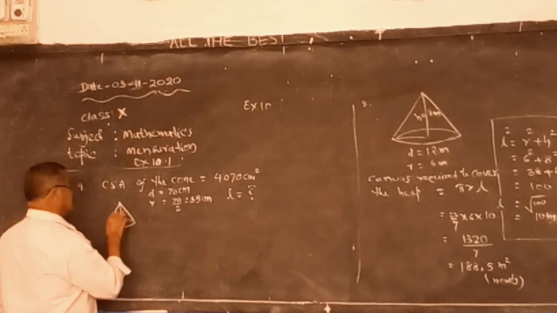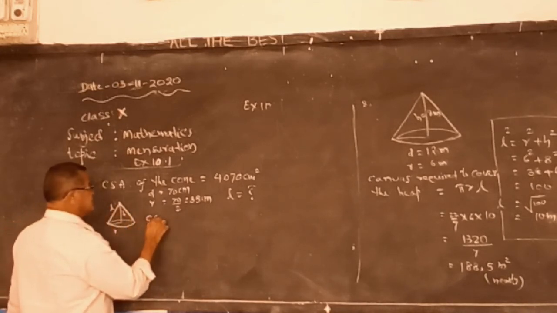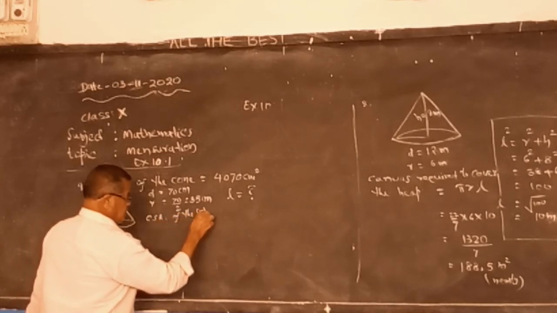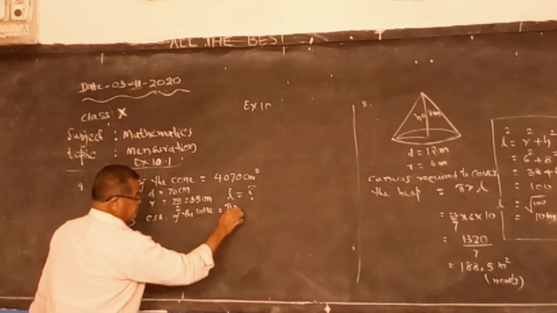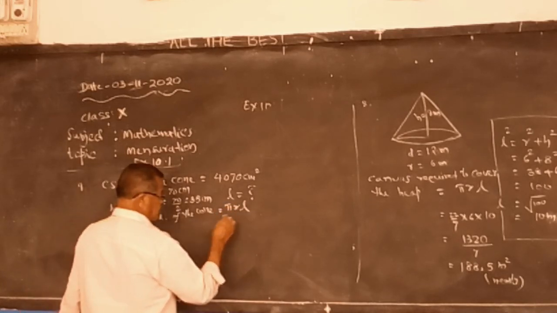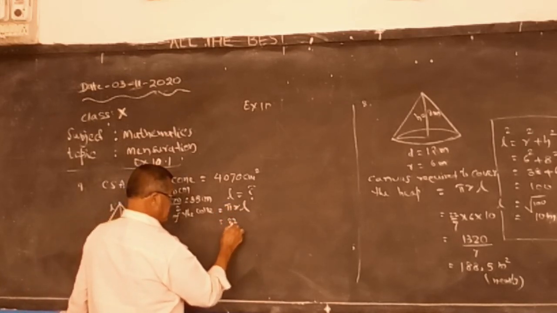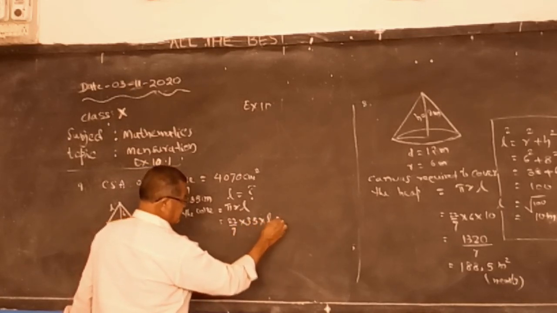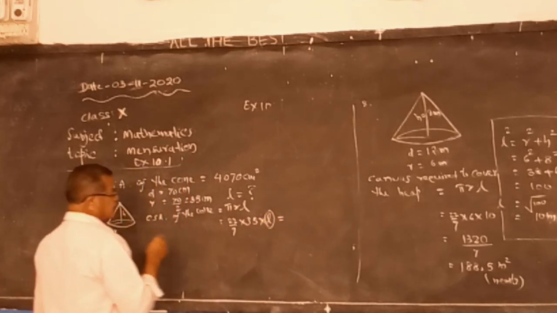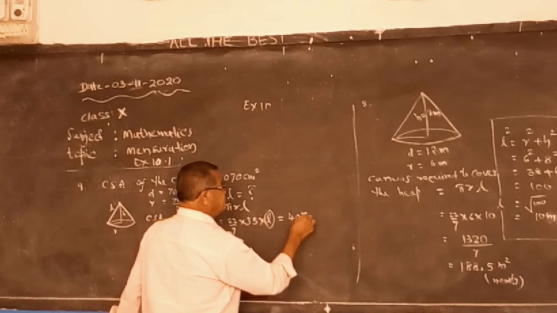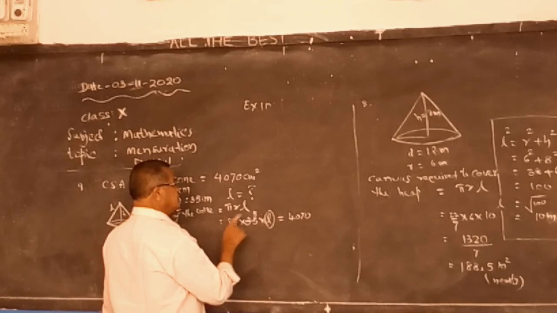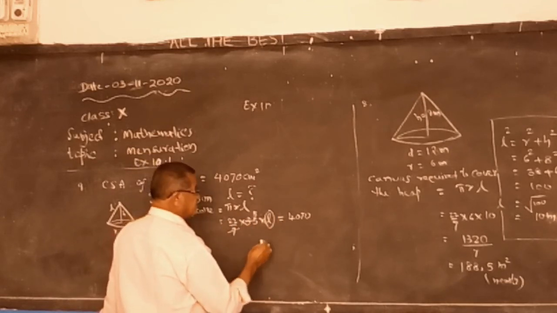The CSA of the cone is equal to pi r L. Pi means 22 by 7, radius given 35, and L we have to find. L is equal to 4070, and the other terms go to the other side as division.